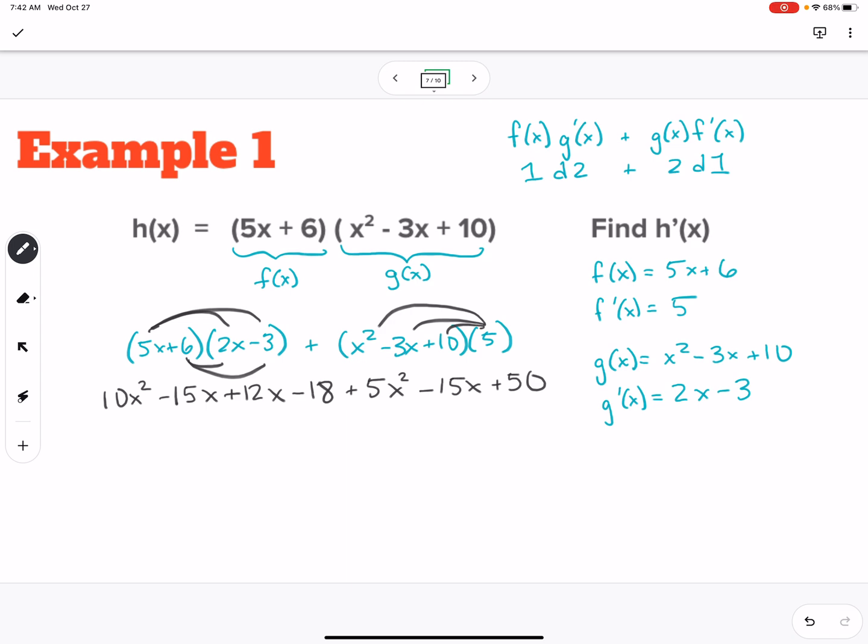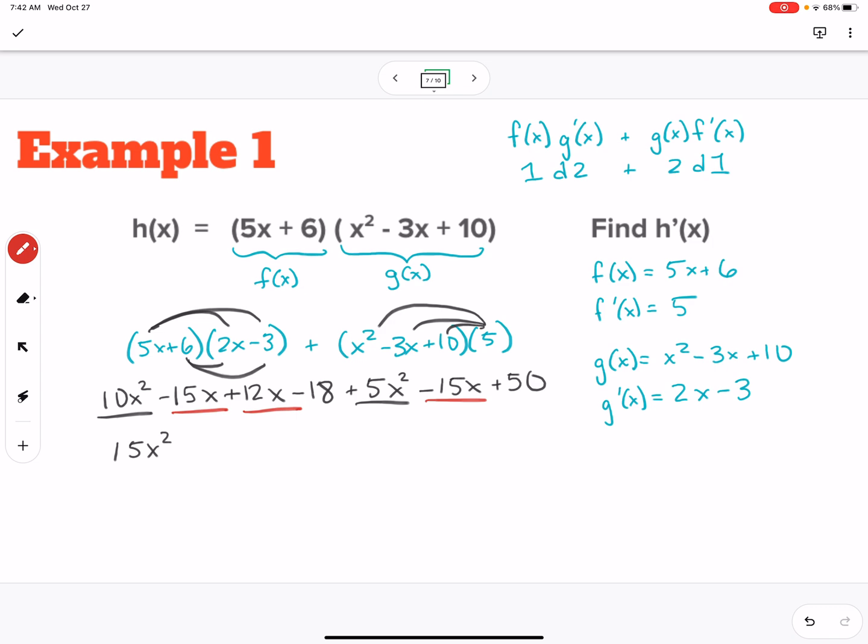Now I can pinpoint some like terms. I do have a couple x squareds that I can combine together. Make sure we're paying attention to those signs as we go through this. I also have a lot of x's. So I have this one and this one that I can combine.